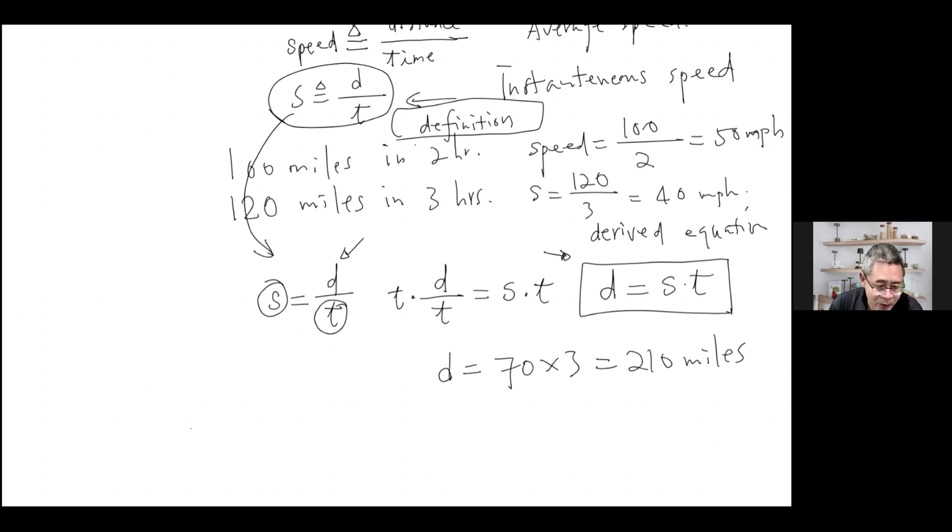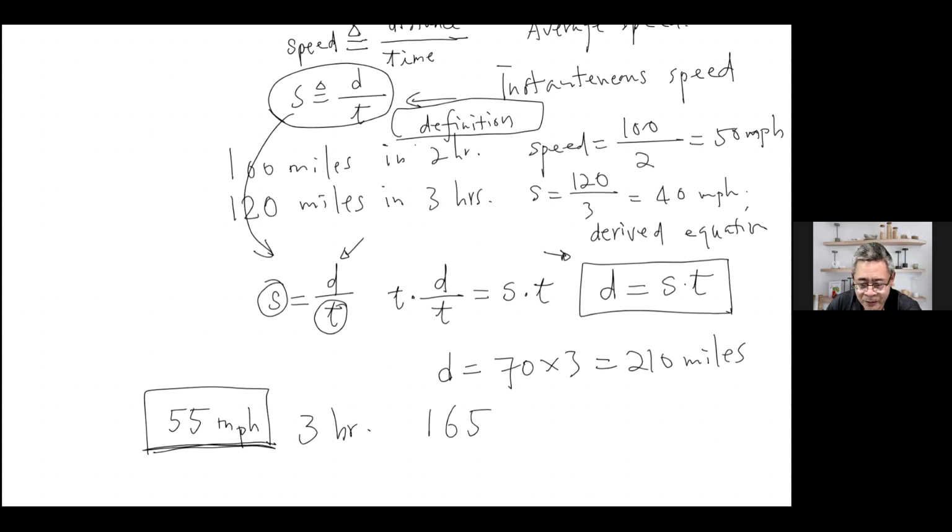Now let's suppose we do 50 miles per hour, and we also drive 3 hours. If you're going to follow the speed limit, you drive 50 miles per hour for 3 hours, that will be 50 times 3, and that will be 150 miles.